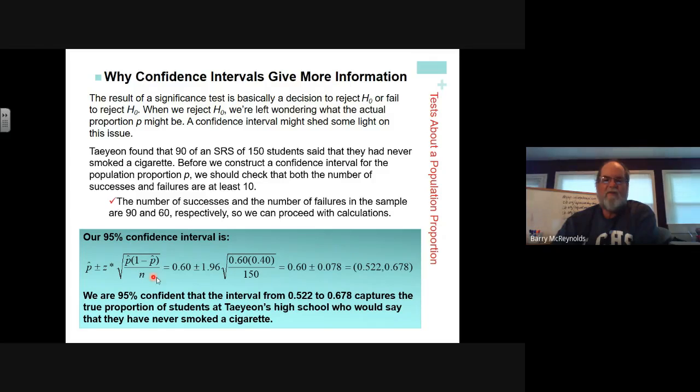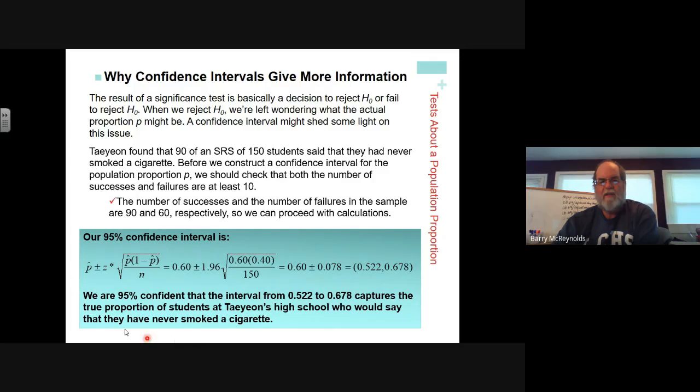You do the calculations here and you get an interval of 0.52 to 0.68, where it's obvious that 0.5 is outside of the confidence interval, which we concluded already. We just didn't know whether it was above or below, and now we can tell that it is. The confidence interval is to the right, which is what we suspected with a p hat of 0.6, but until we do the calculation, we're never sure.